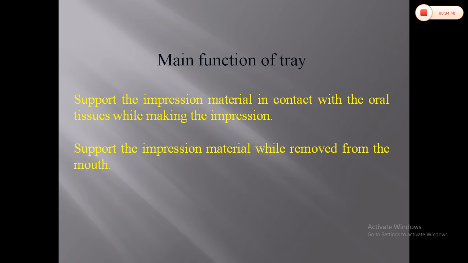The main functions of an impression tray are two: support the impression material in contact with the oral tissues while making the impression, and support the impression material while it is removed from the mouth. So while making it and while removing it, it should support the impression material.